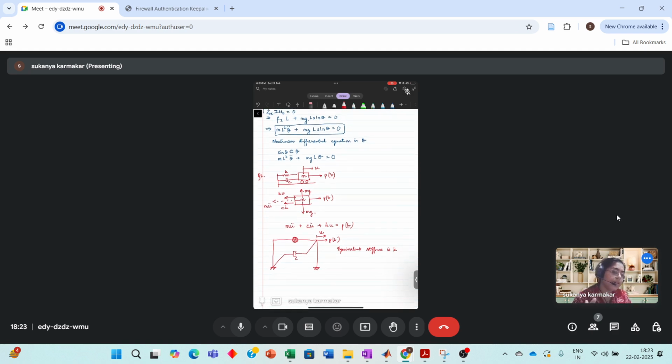Try to think along the lines of what we did just in the example done in the class. You have to draw the free body diagram of this mass. So please attempt it. I'll wait for 2 minutes and then we'll discuss it.